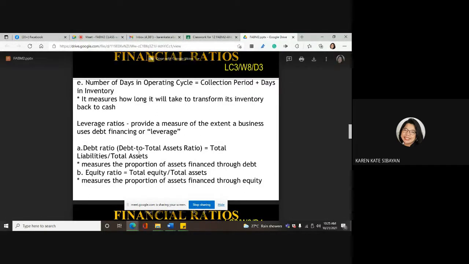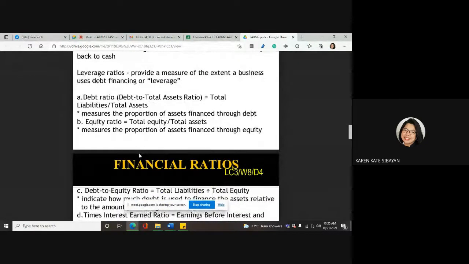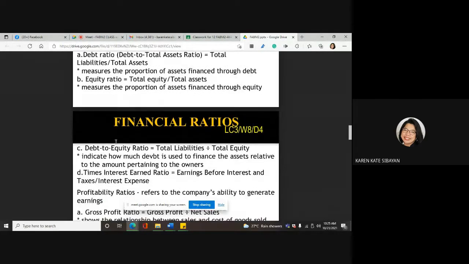Sabihin, break even ka lang ba, or mas nangingibabaw yung debt o utang. Next, a debt ratio, debt to total asset ratio equals total liabilities divided by total asset. For the equity ratio, total equity divided by total asset. This measures the proportion of assets financed through equity.